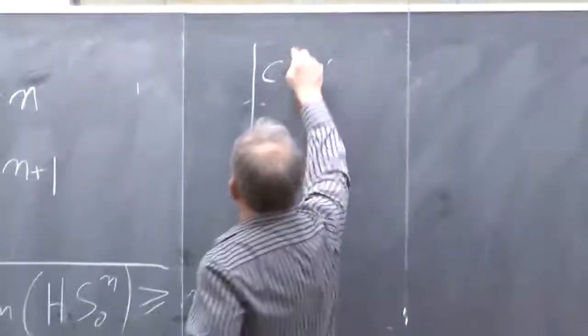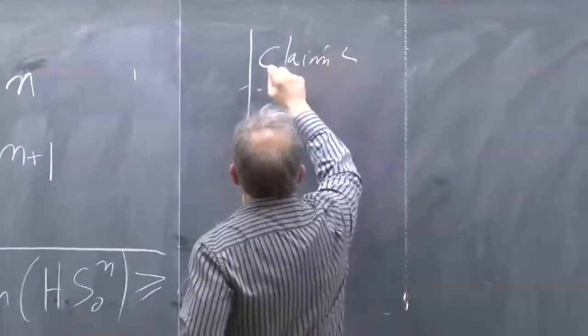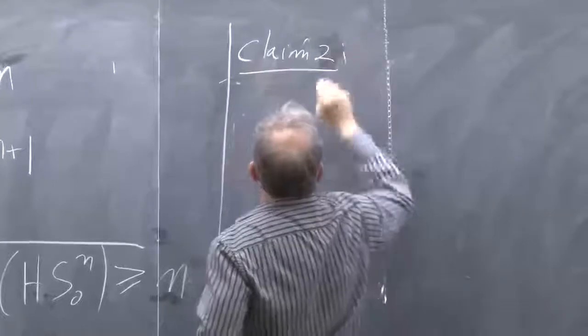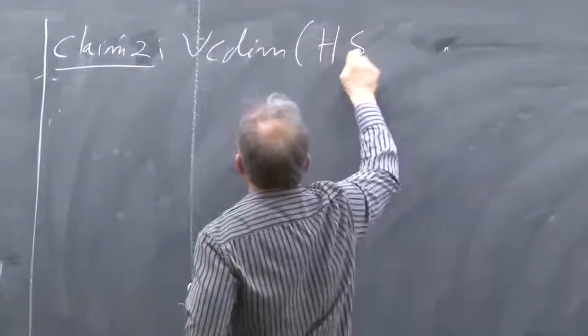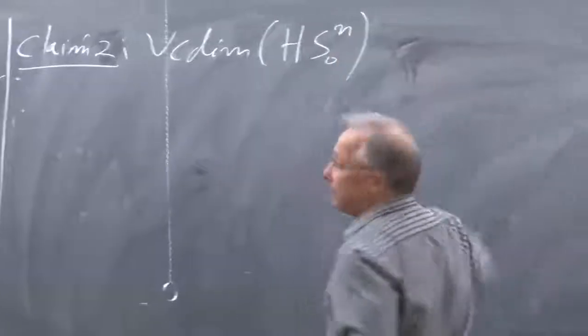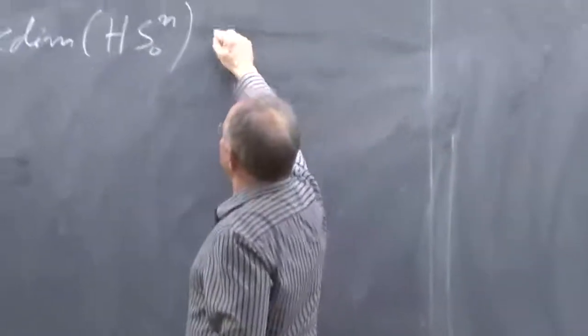So now I have claim 2. The VC dimension of the homogeneous half spaces in Rn is at most n.